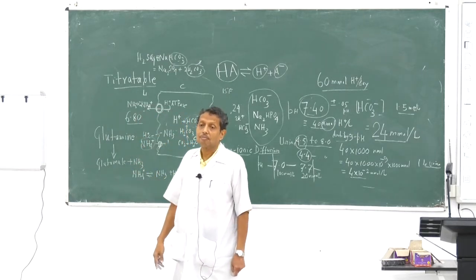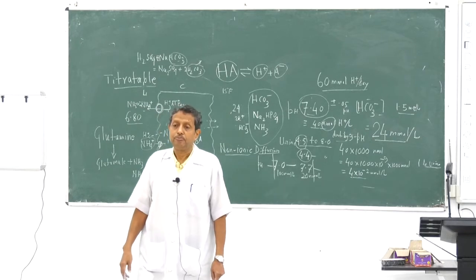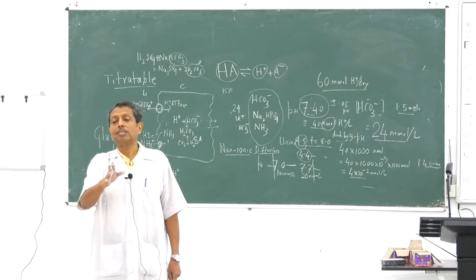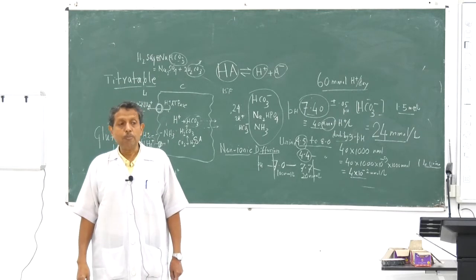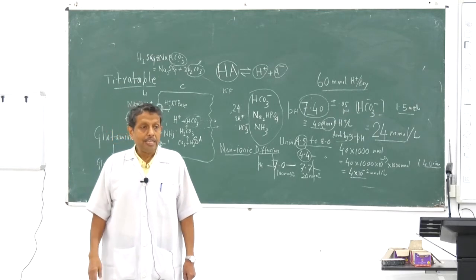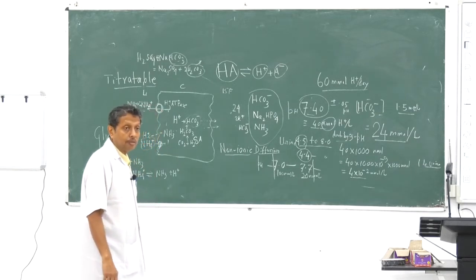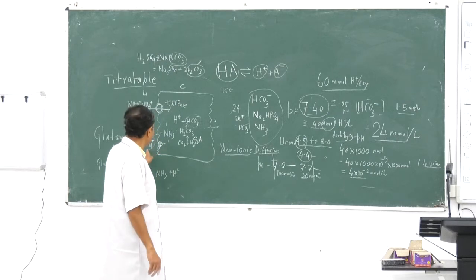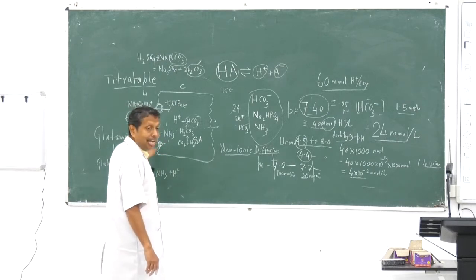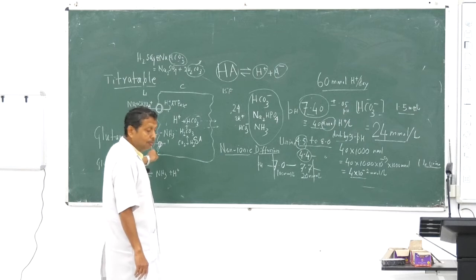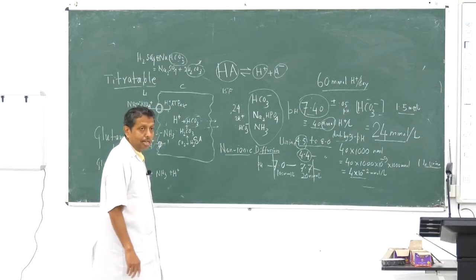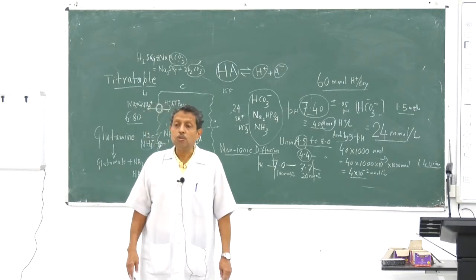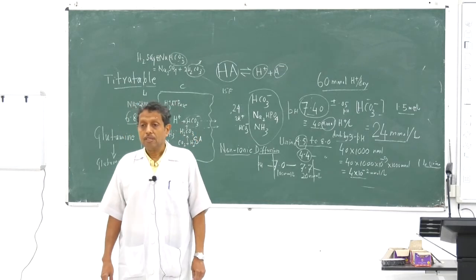Whenever a weak base is to be eliminated, you have to acidify the urine. Consider ammonia as an example of a weak base: when the urine is made acidic, hydrogen ion is more available, so it will be eliminated easily. So it is an example of non-ionic diffusion or diffusion trapping.